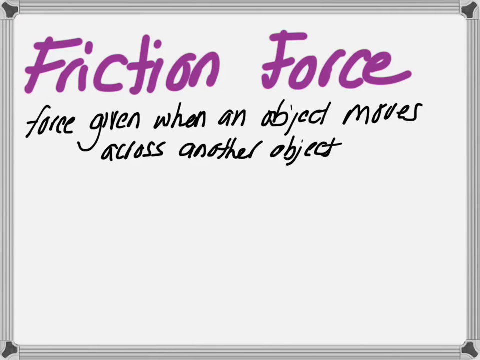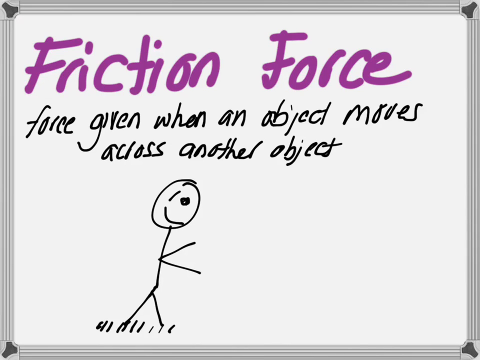So let's say here's my person, and they are walking forward. There's their forward walking hands. They're walking forward across the grass. So if they're walking this direction, friction is always going to be going the opposite direction that they're walking, because friction wants to slow you down.